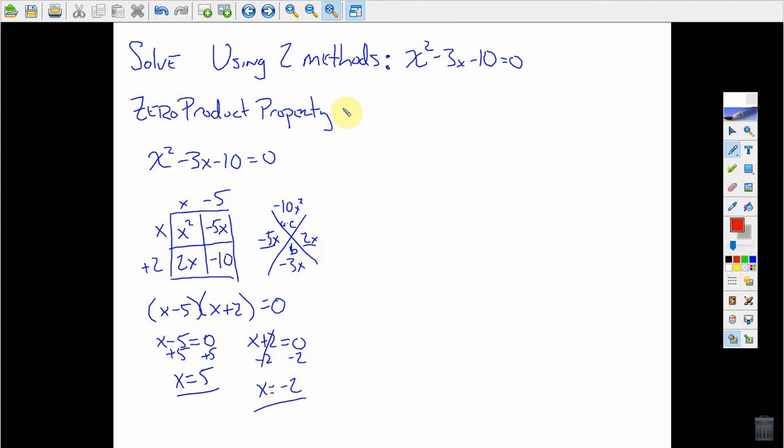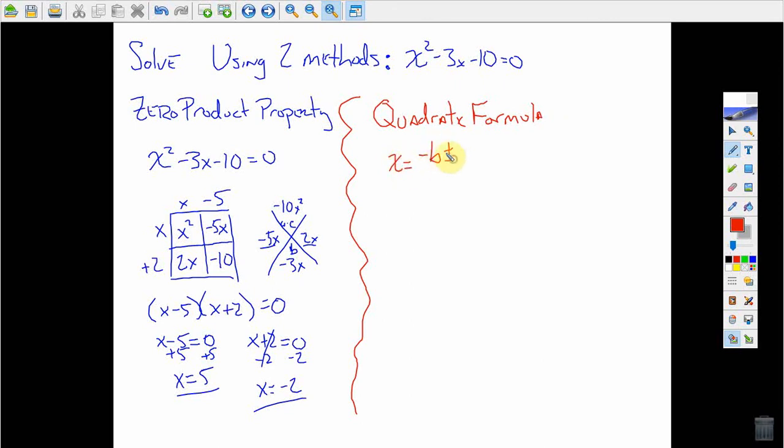All right, let's look at another method using the quadratic equation, the quadratic formula. We have a little song for that. It says x equals negative b plus or minus square root b squared minus 4ac all over 2a.